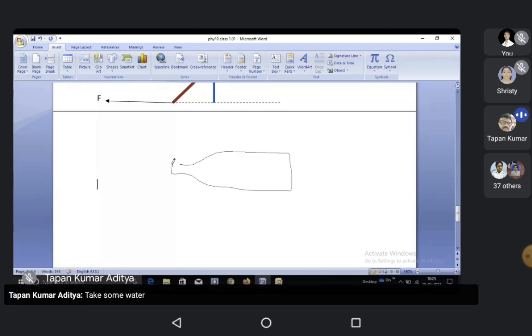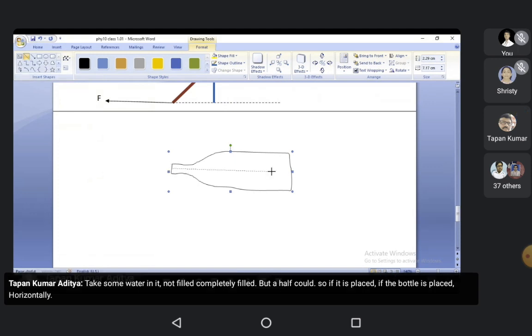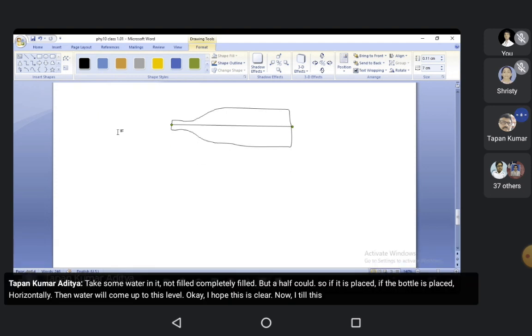Take some water in it, not completely filled, but half filled. So if the bottle is placed horizontally, then water will come up to this level. Okay, I hope this is clear. Now I tilt this bottle in this way.